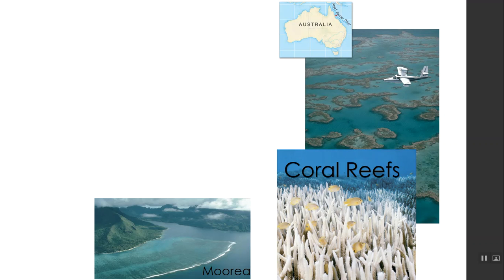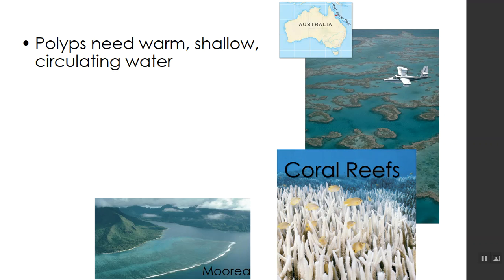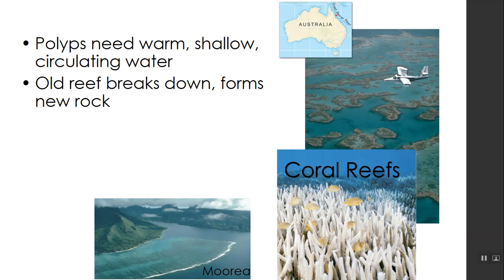The last thing we're going to talk about in this chapter is coral reefs and atolls. Coral reefs, which you've probably heard a bit about and you're going to have to write about in your assignment, are these polyps that need warm, shallow, circulating water in order to survive. And they're really, really important.